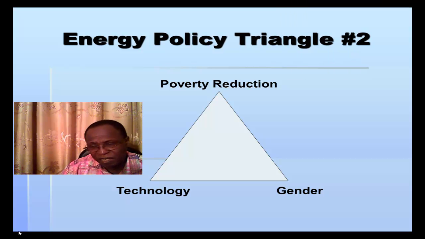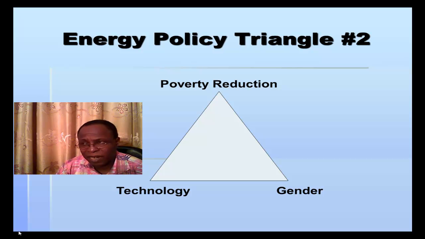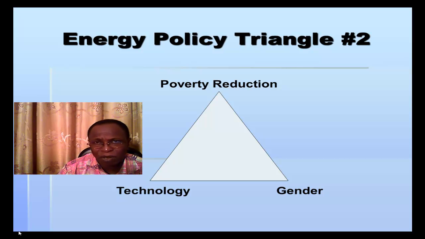But then there are variants of these issues that become more important, especially when you're dealing with developing countries. Whereas, as I said earlier, economic growth and economic well-being is usually the number 1 objective, you'd realize that in many developing countries there are large numbers of poor people. Some countries have 60-70% of people living below the poverty line.